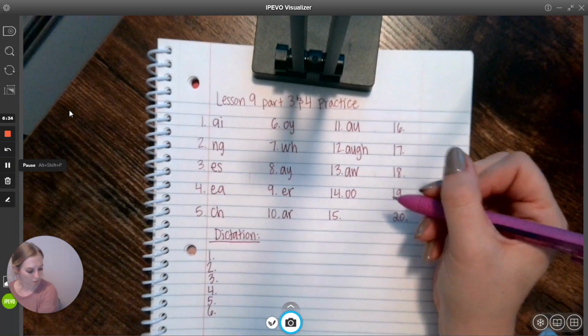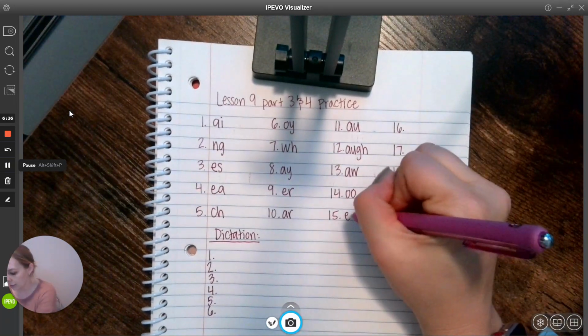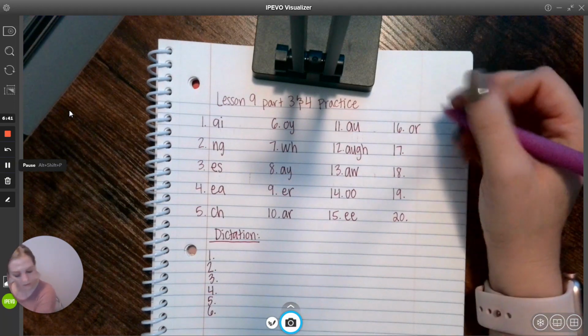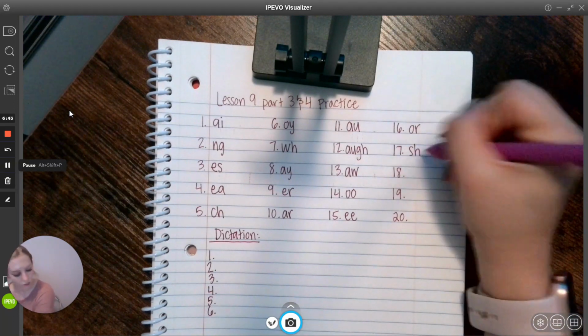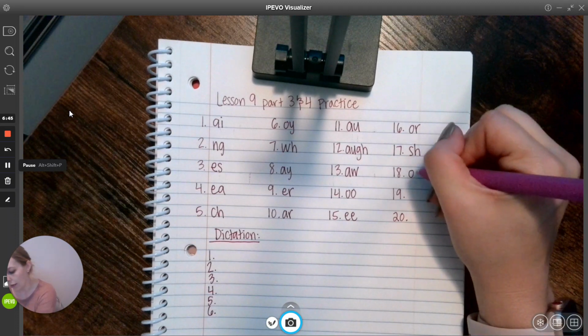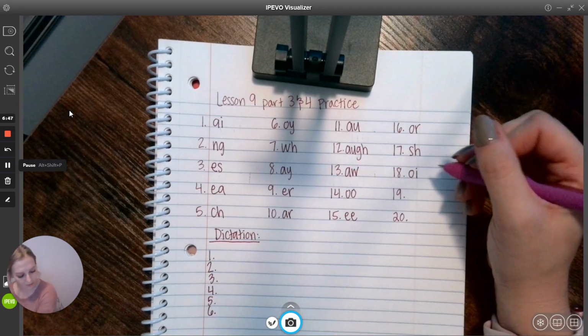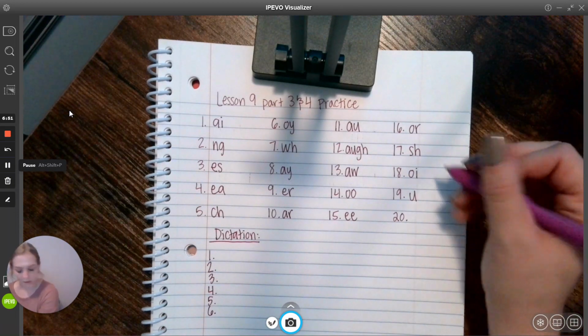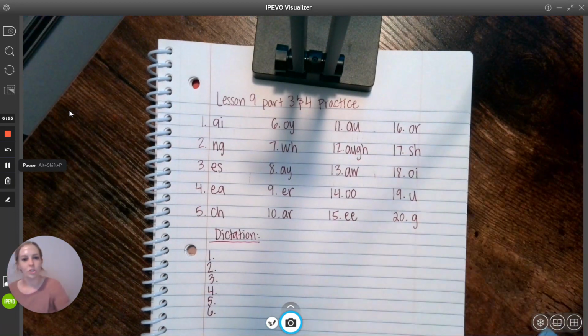O, E, double E, or, sh, oi, that may not be used at the end of English words. U, u, and last, g, j. All right, we are going to move on to some dictation real quick.